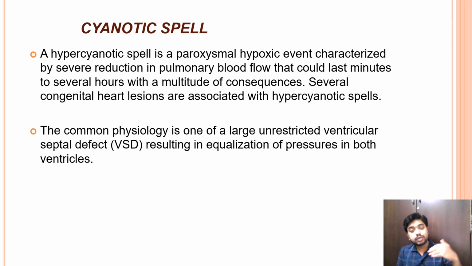That's where completely desaturated blood goes through the VSD into the left side of the circulation, and the child becomes severely cyanotic with metabolic acidosis. There is complete absence of pulmonary blood flow because nothing is going through the RVOT, so there is no oxygenation.